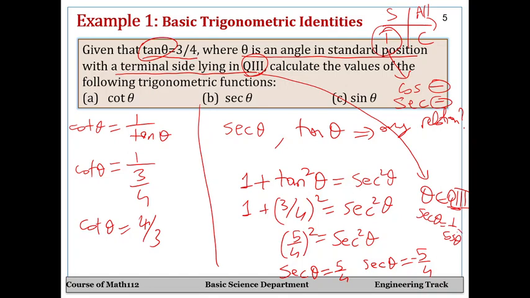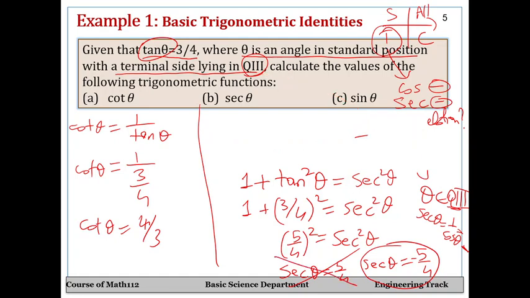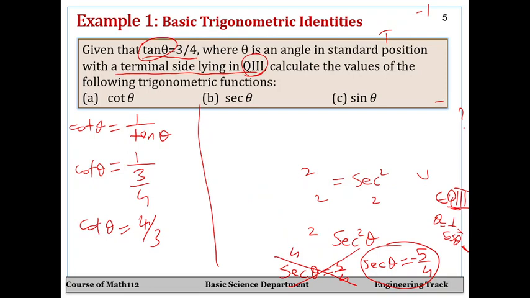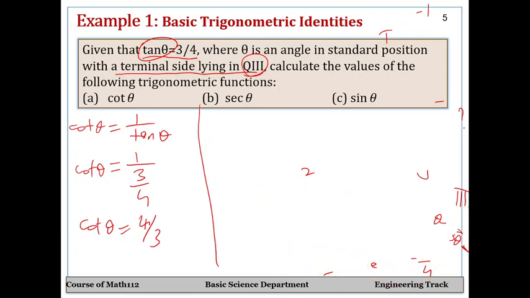So we don't accept the positive one, and secant theta will be equal to minus 5 over 4. So we get this one as minus 5 over 4, and this is 4 over 3, we said.